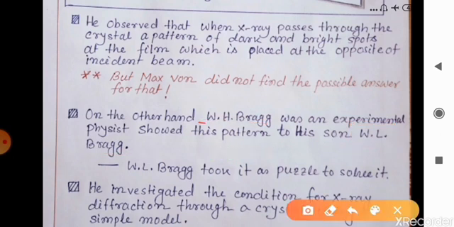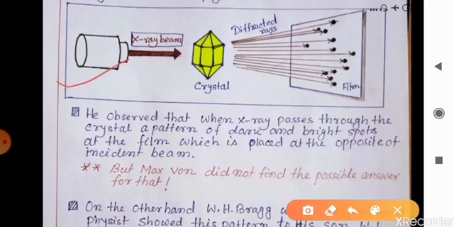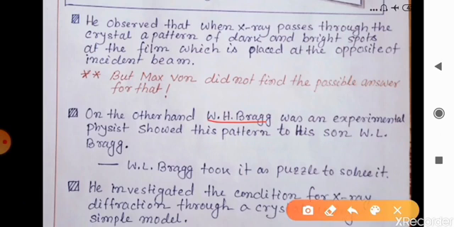So what happened? W.H. Bragg, the father, got this pattern, and he also produced it himself by repeating the same experiment, as shown in the figure. He showed this pattern to his son and asked if there was any possible reason for it. And W.L. Bragg took it as a puzzle to solve.